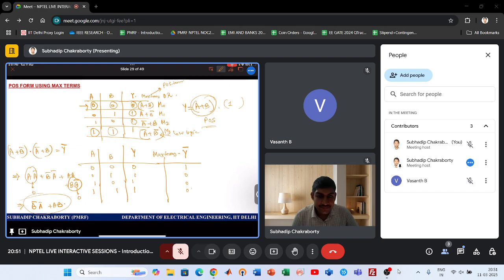In the max term, the product of sum term, you have always to take the low logic level terms or the low output terms. If I took the one terms, likewise I did in the min term, I would have got the not of the actual function.